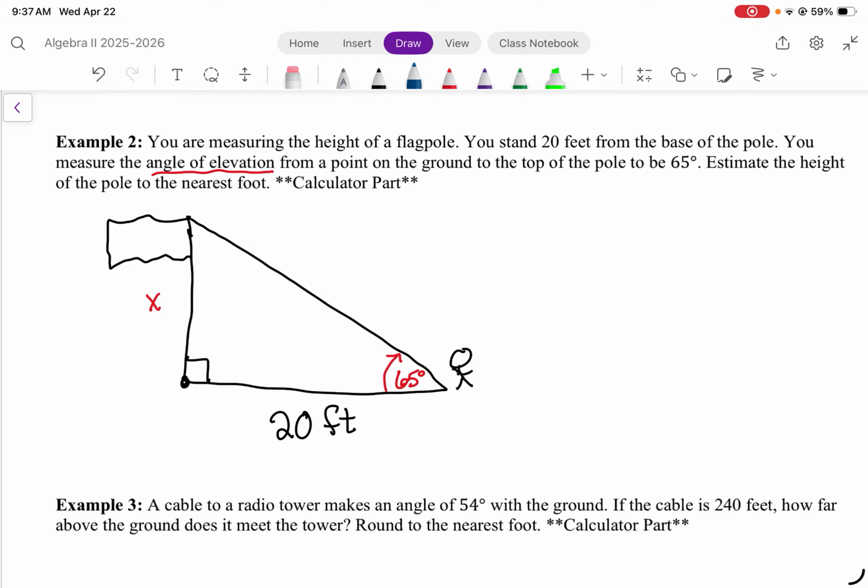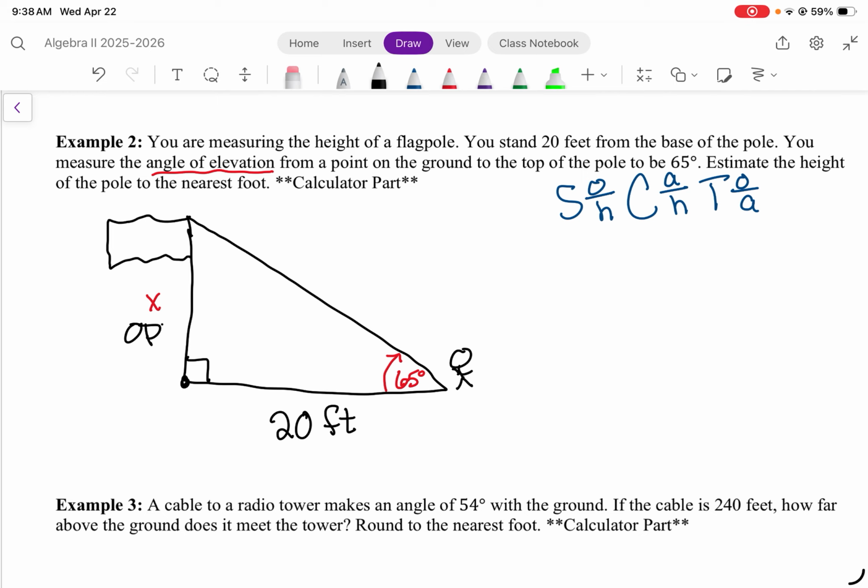Okay, when you have a problem like this, if you know two pieces of information, an angle and a side, you can use Trig or SOHCAHTOA to help you find the missing information you're looking for. When you do this, you're going to want to use the angle they give you, so 65.